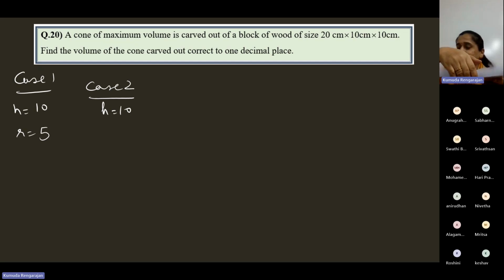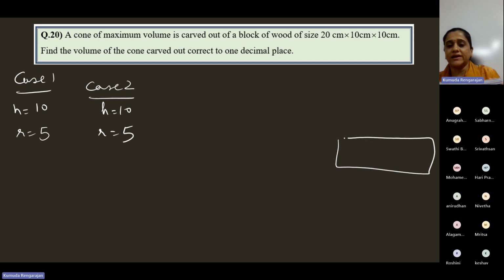What are the dimensions of the front face? 20 is the length and the height is 10. The rectangle here has dimensions 20 by 10. So the radius is 5, because the maximum diameter is 10. If you have a rectangle 20 by 10, you can draw a circle of diameter 10. So the radius is 5.